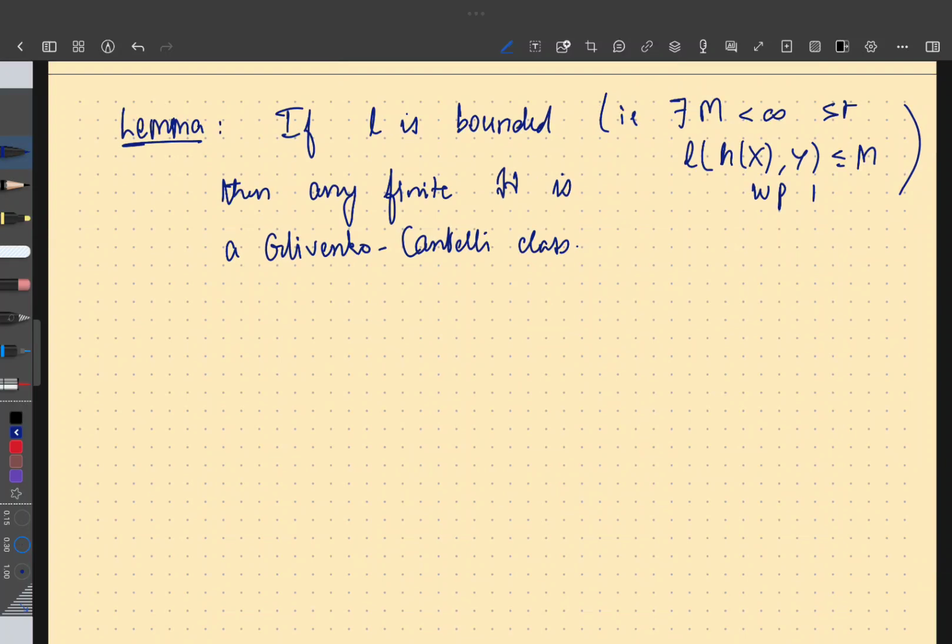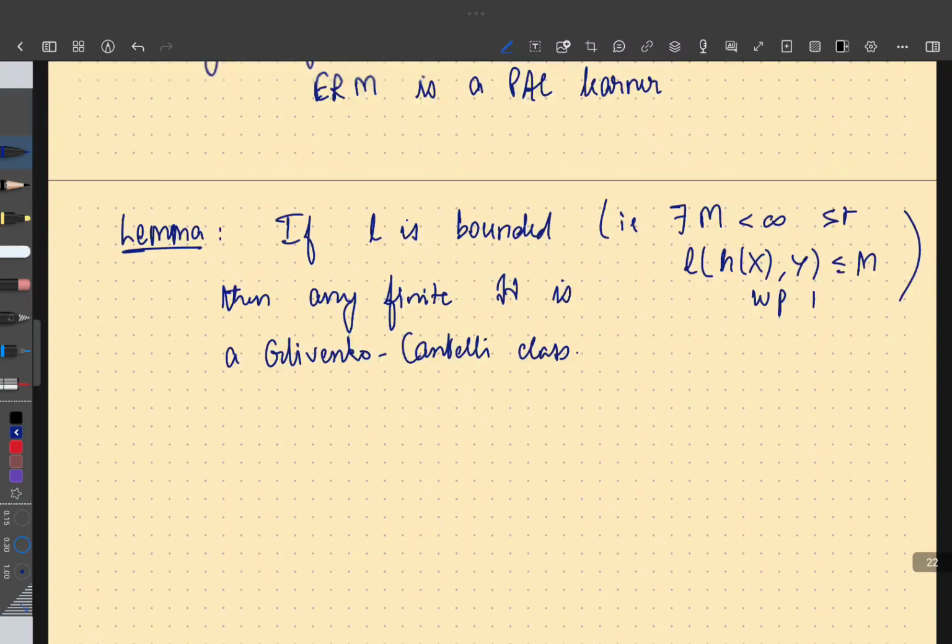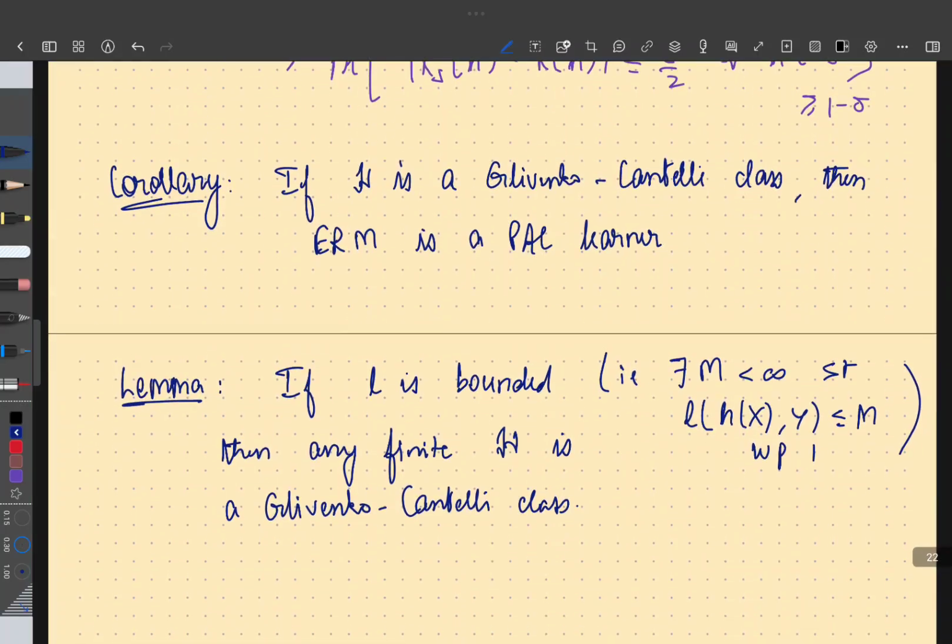How do you prove this? Correct. Yes. The empirical risk, well, need not be, right?